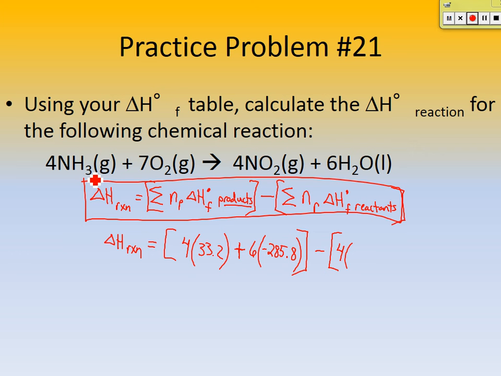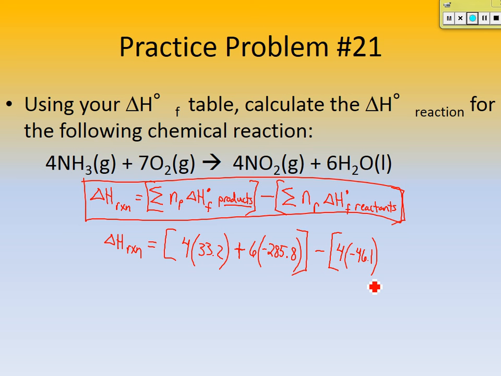It starts with an N, so I would look under the N in your tables. So NH3 gas, what is it, guys? Are you getting a negative 46.1? Yeah. Negative 46.1. We'll close that off with a parentheses there.